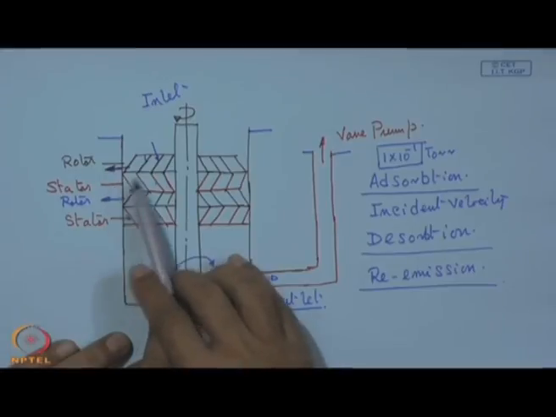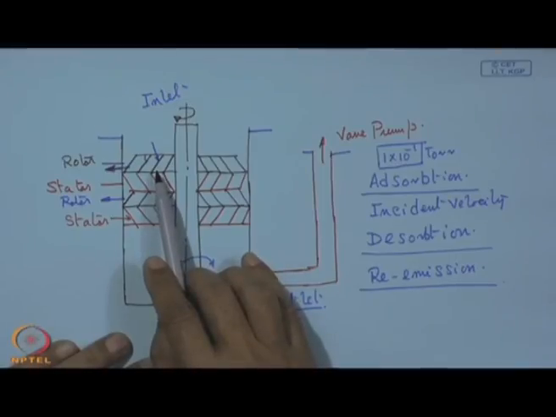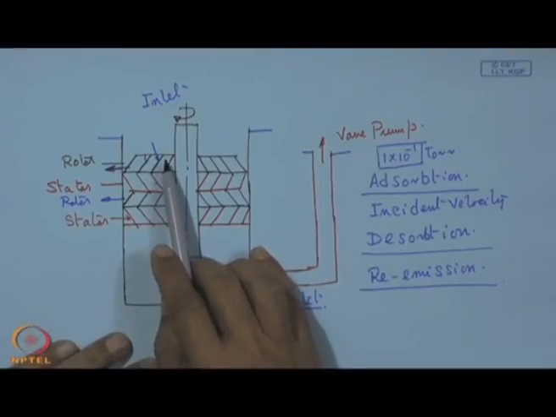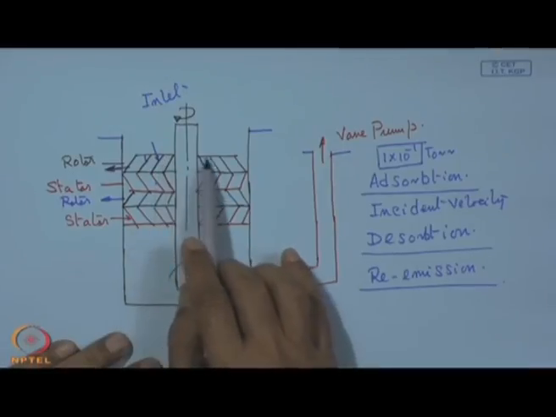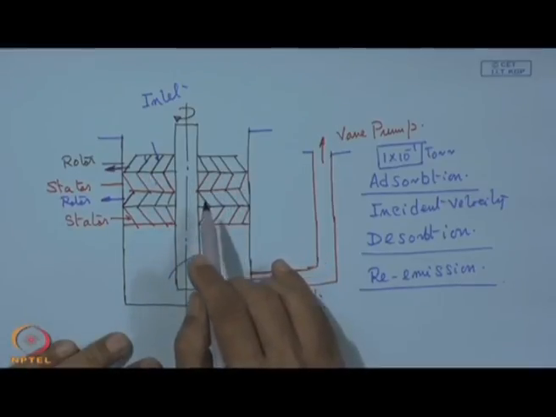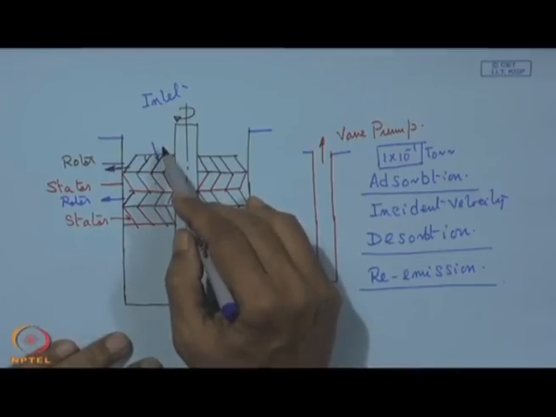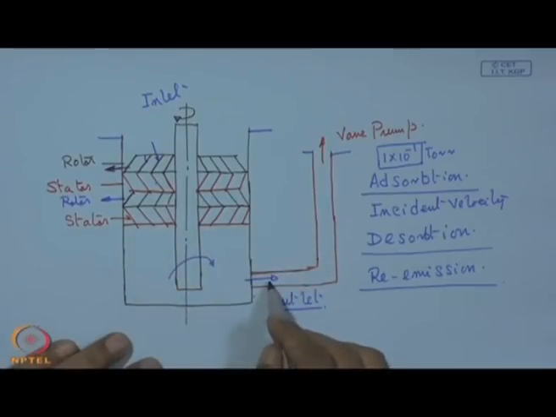Here the high velocity of this rotor is utilized to give a directional velocity and momentum to the gas molecule which is going to strike this surface, and these surfaces are designed in such a manner that there should not be any backward flow, and flow will always be from inlet to this discharge spout.